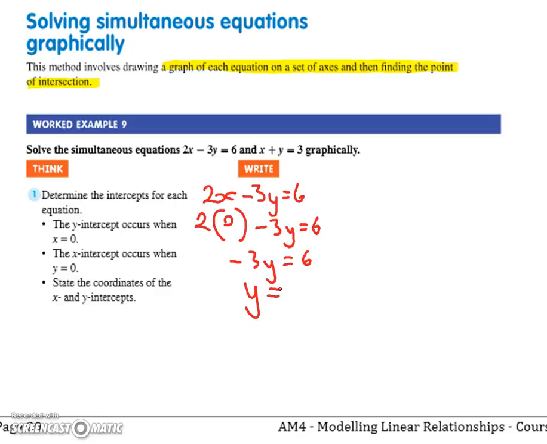What's 6 divided by minus 3? So our point is 0, minus 2.